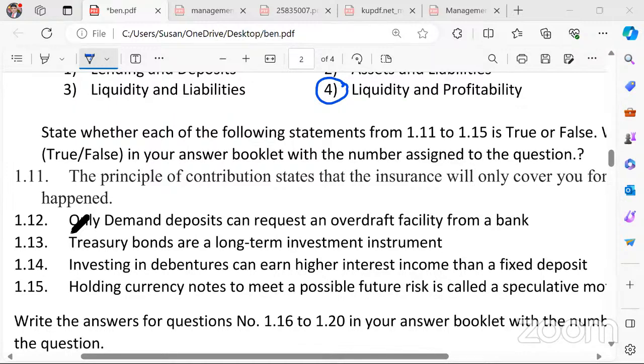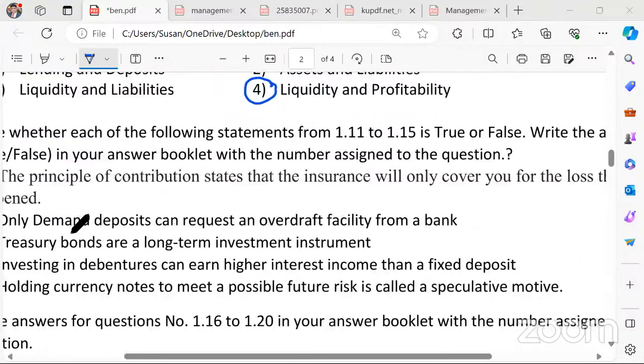Right, okay. State whether each of the following statements is true or false. You have to mark if this is true or false.